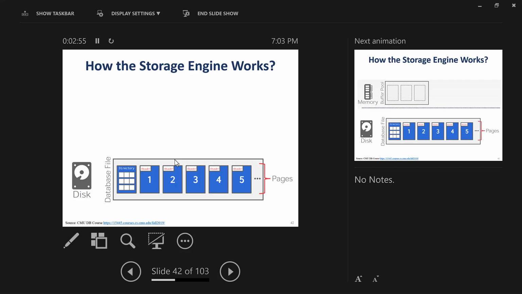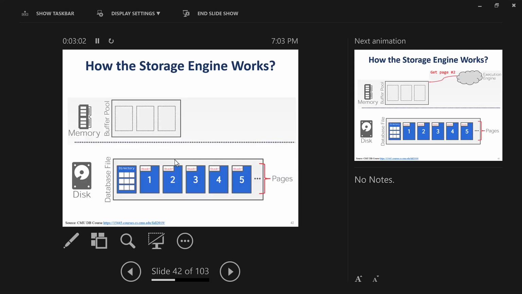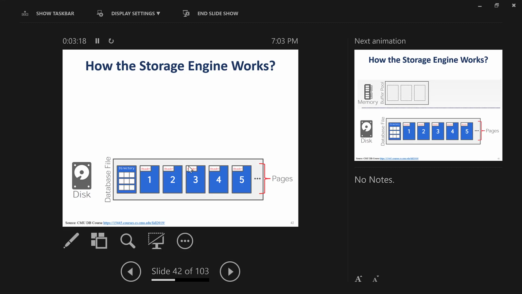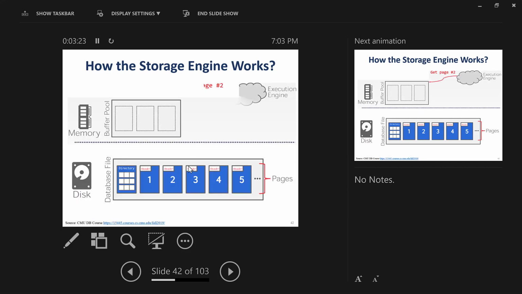So at this level, when I want to read a certain page, I will ask the buffer pool to go to disk and get me the page. For example, let's say someone, which is typically the query execution engine, is asking for page 2.